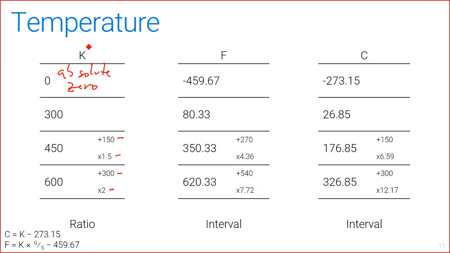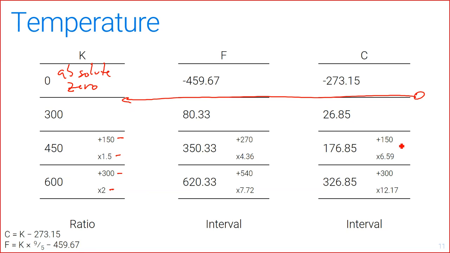Now, if we go for Fahrenheit or Celsius, the problem is that the 0 Celsius degrees does not have a meaning. It's just a completely arbitrary number. It corresponds to somewhere over here. And so we cannot compute ratios between Celsius variables.